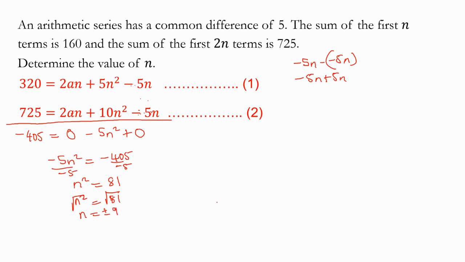But n is the number of terms. Do you know that? So we have n is equal to 9 or n is equal to negative 9. This n is the number of terms. It can't be negative, so this is not applicable. You can't have negative 9 terms. So therefore, n is equal to 9.